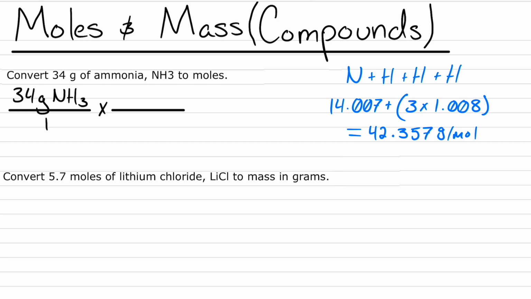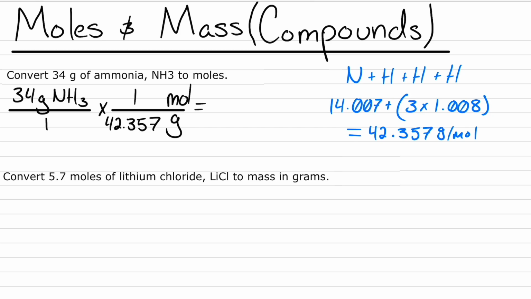And now I'm going to use that as my conversion factor in this problem. So in this case, I have grams and I want moles. So moles goes on the top, grams goes on the bottom. In 1 mole of ammonia, there is 42.357 grams.